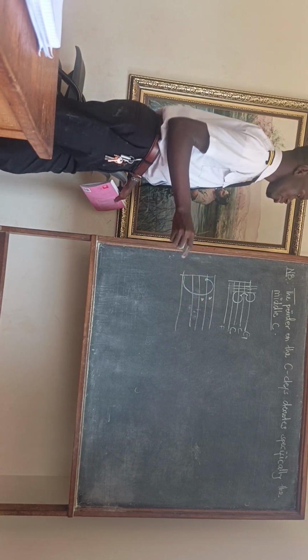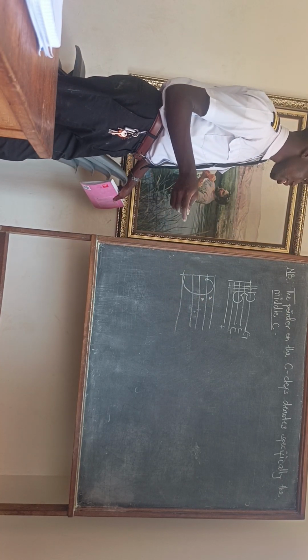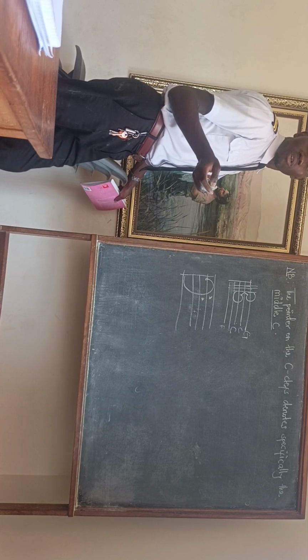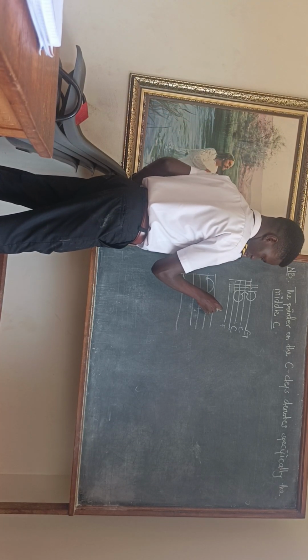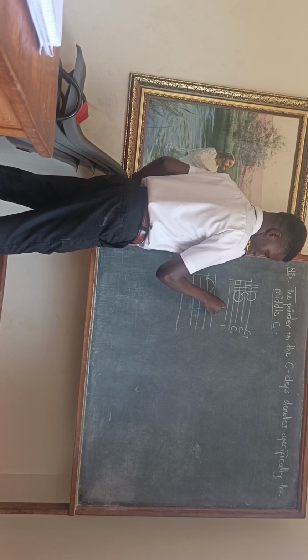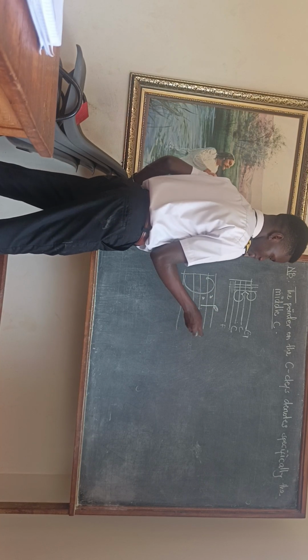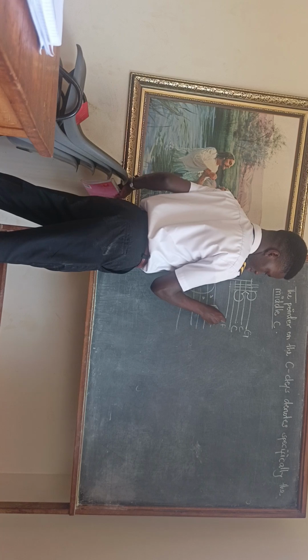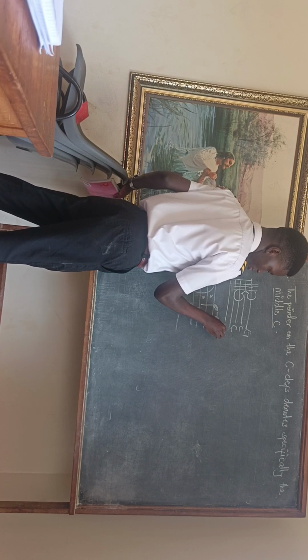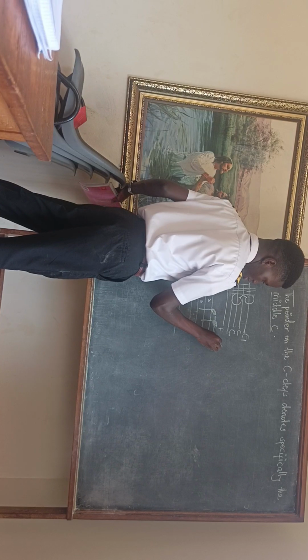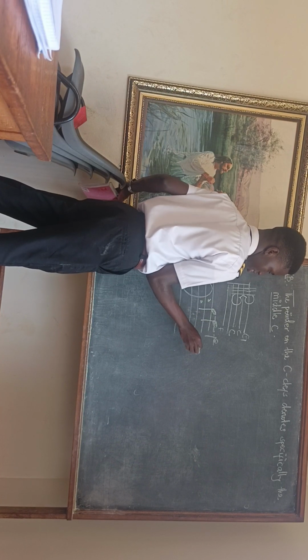And then I'm trying to write, let's say, B. For tenor, it is going to be here. And then if I want to give it a C, I'm going to put it there. At D, I'm going to do that also.